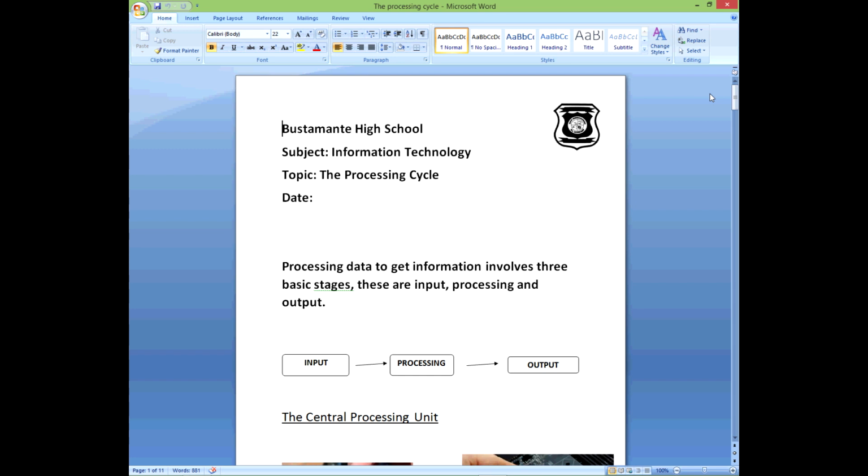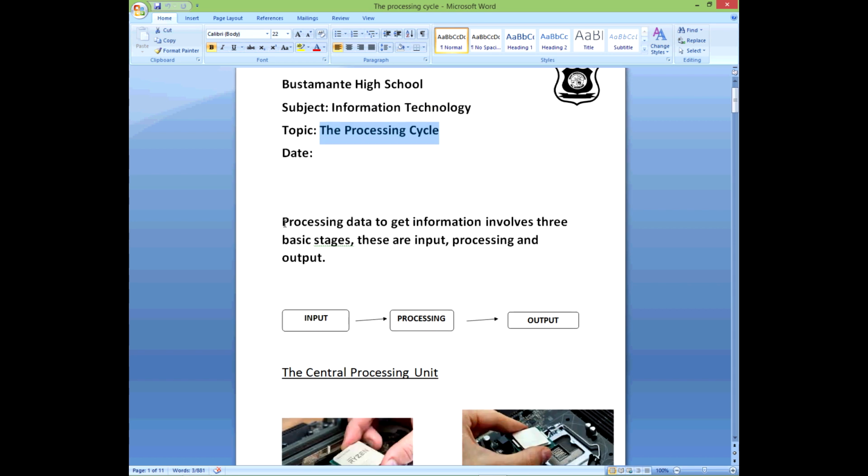Counting down the time. In today's class, we'll be looking at the processing cycle. The processing of data to get information involves three basic stages. These basic stages are input, processing, and output. I put a little diagram here so you can see it.